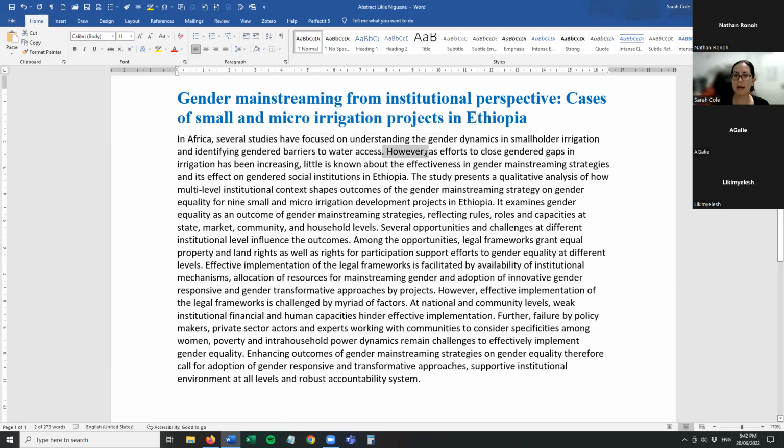But, and this is the description of a research paper saying this is why it hasn't been answered well enough, as these efforts have been increasing, we don't know enough about such and such. So I think that's great. That's a really great lead in.